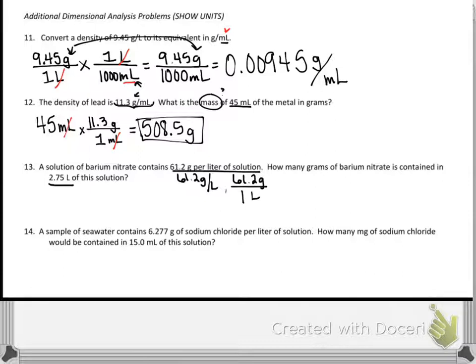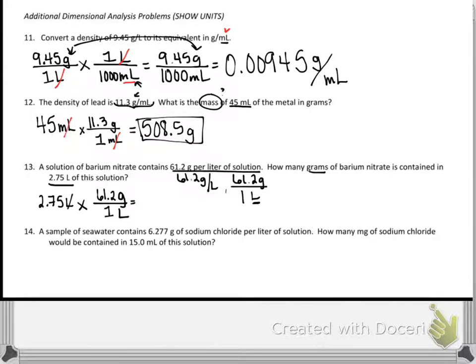So now we write our given, 2.75 liters, and what do we want to end up with? We want to end up with grams. We want to get rid of liters, so we make sure that liters is in our denominator and grams is in our numerator, and it's going to be 61.2 grams over 1 liter.